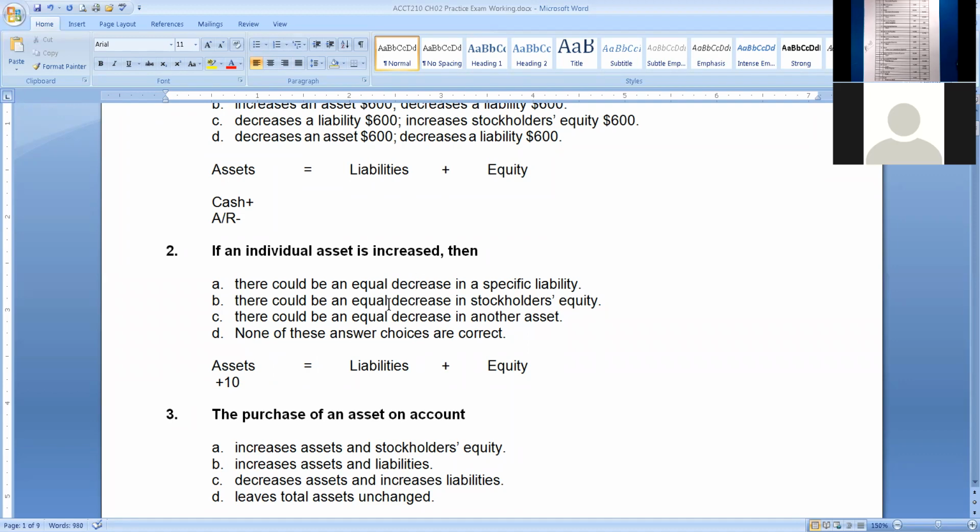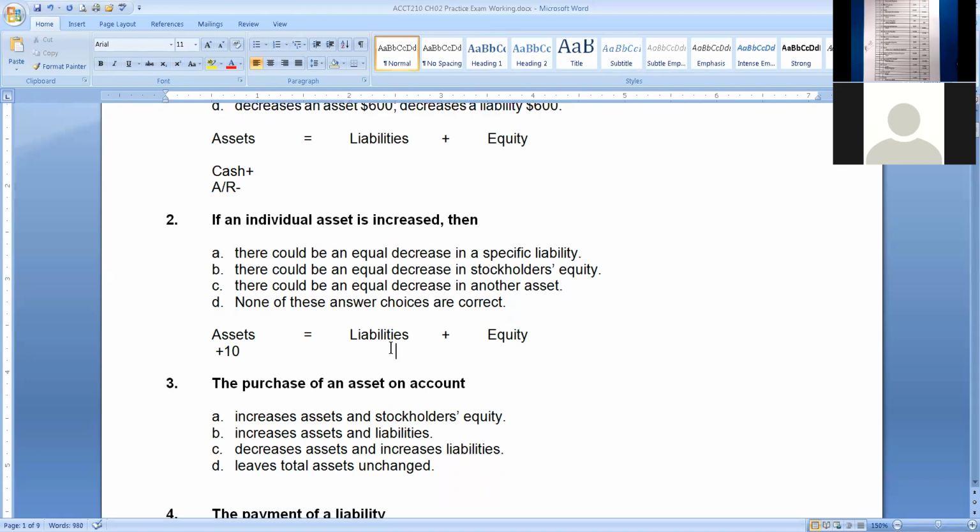So which one is it probably going to be on here? The possibilities are what? That a liability goes up, or equity goes up, or, like we have in the first case, an asset goes down.